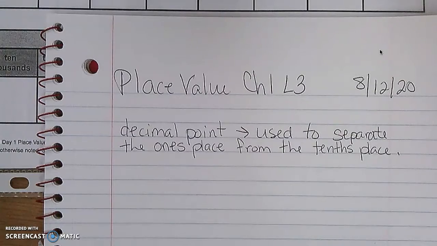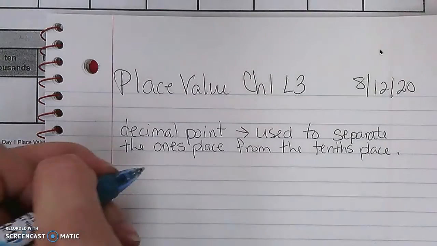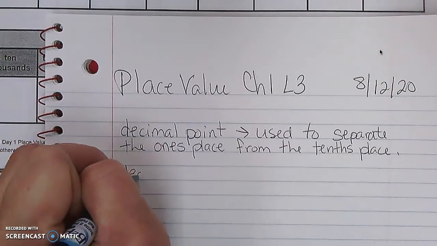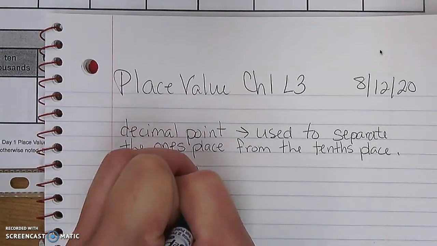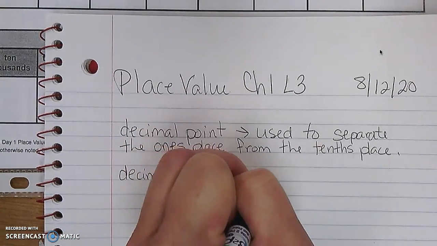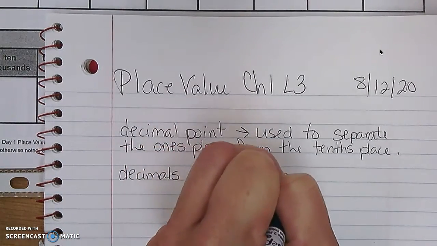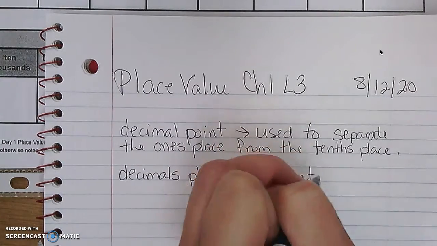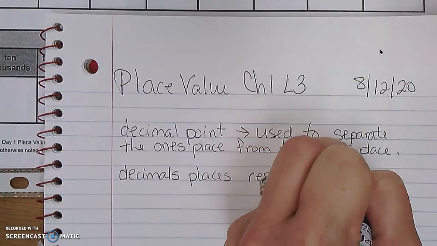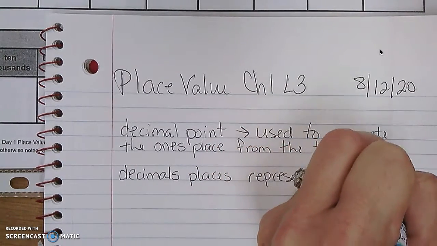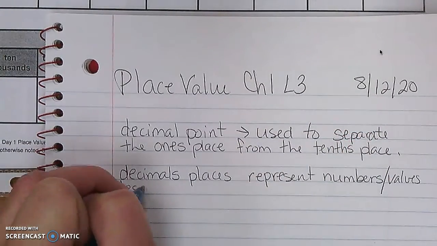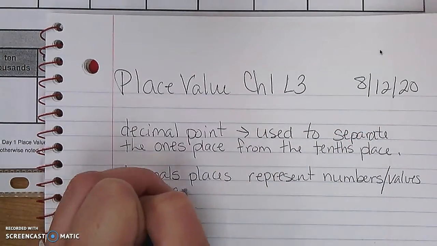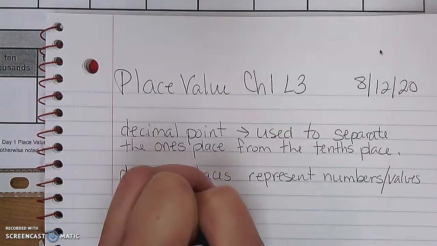Decimals are numbers that are less than one whole. So decimal places represent numbers or values less than one whole.